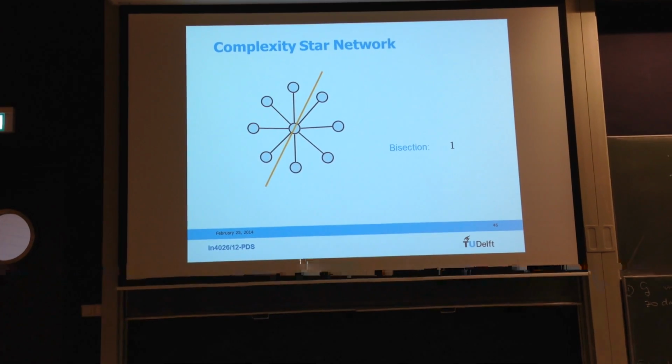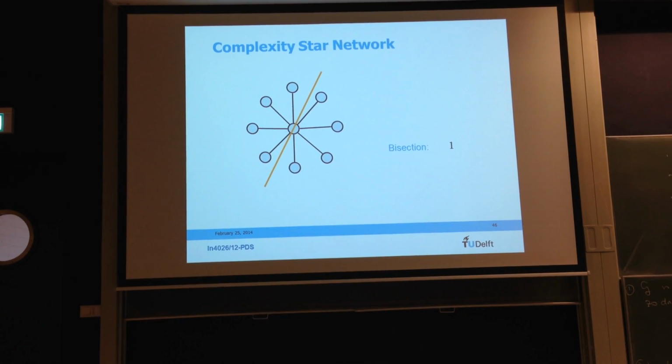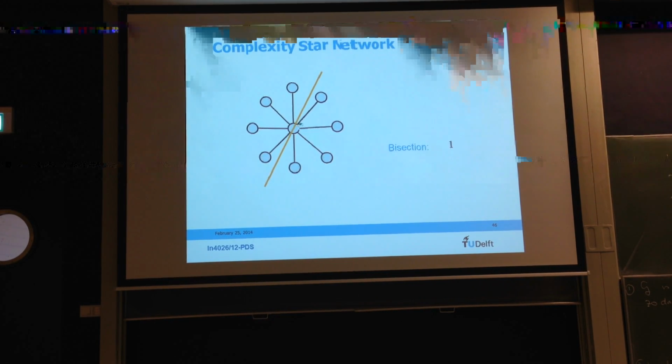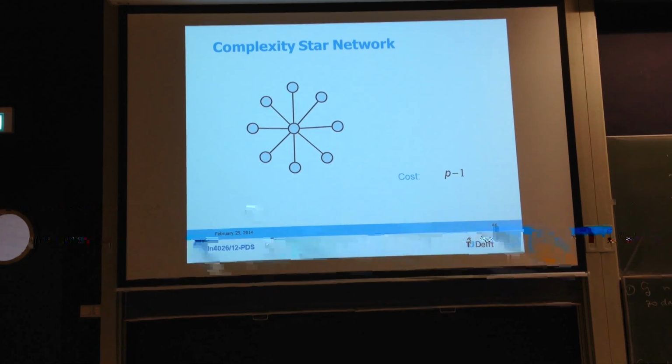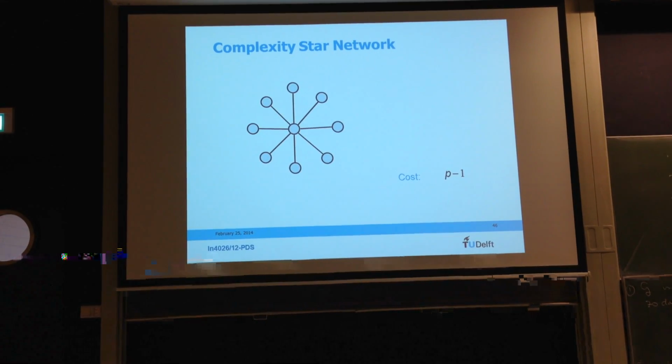Bisection is a bit difficult here because it's not a symmetrical network. So you could equally argue that the bisection is 2 or something like that, or that it is 1. And the cost? That's an easy one. P minus 1. Yeah. It's P minus 1 arcs. So that's easy, right?